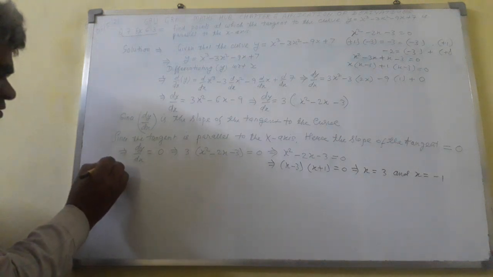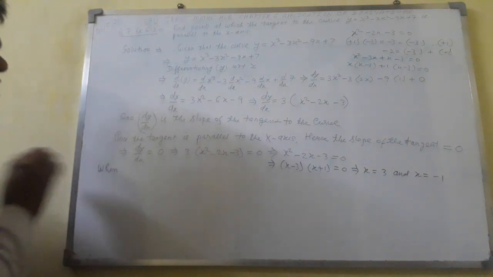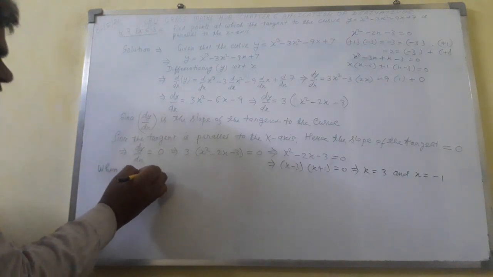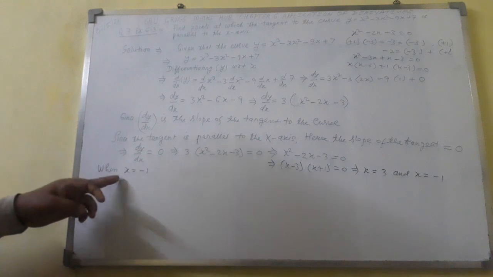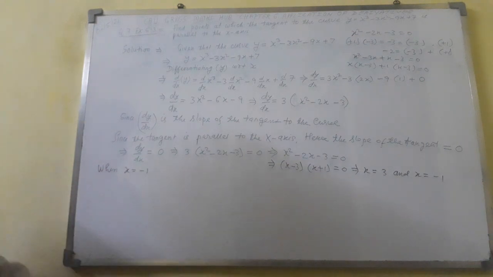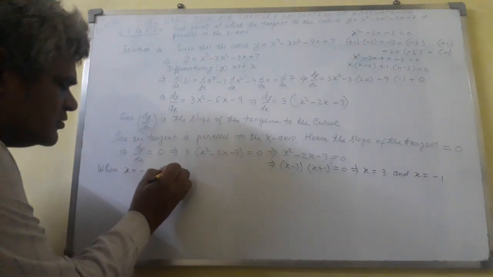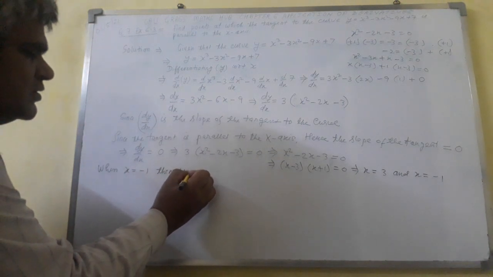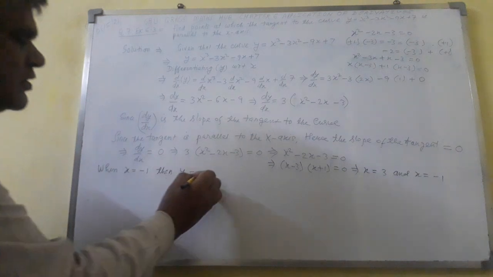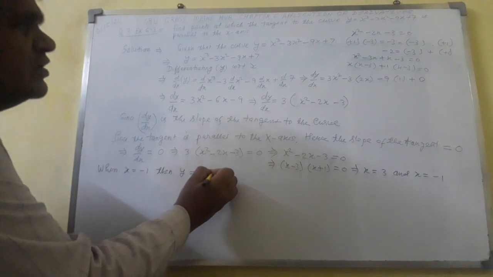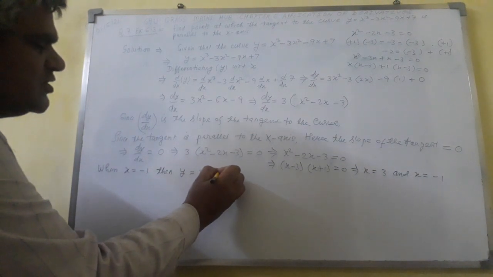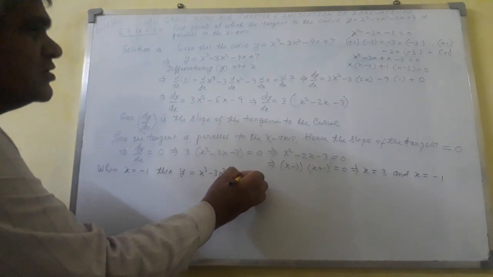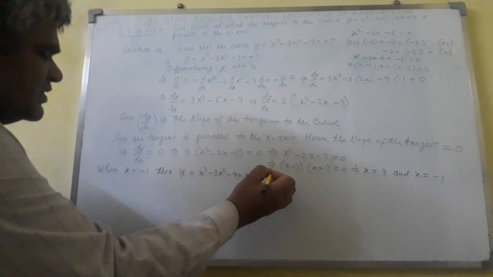When x is equal to minus 1, then y is equal to x cube minus 3x square minus 9x plus 7.